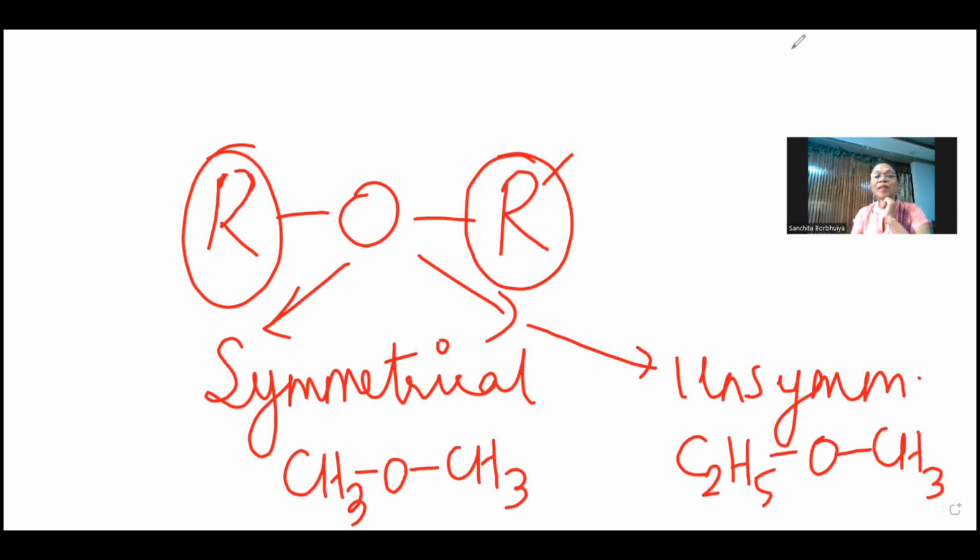So before we begin the name, we will discuss a few more important things about ethers. You may be interested in knowing how the journey of ethers began. In the year 1842, ether was for the first time used by Dr. Crawford.